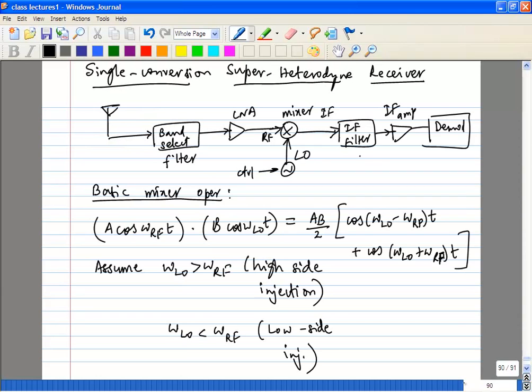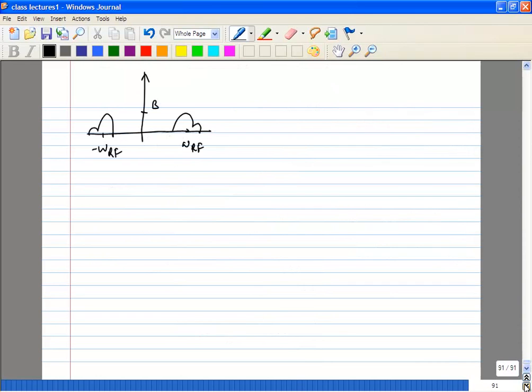We assumed A for the RF and B for the LO. And in the frequency domain, you convolve it with the sinusoid. So the cosine is two impulse functions at plus or minus omega LO, and of height B.